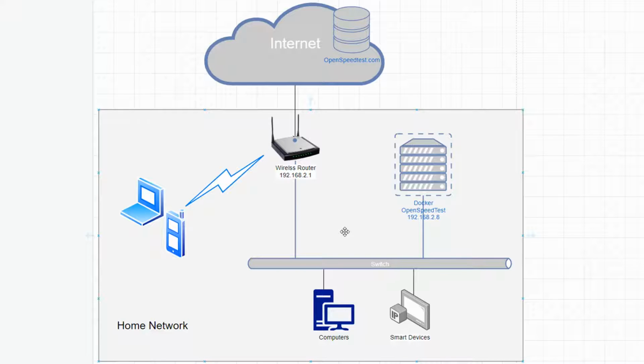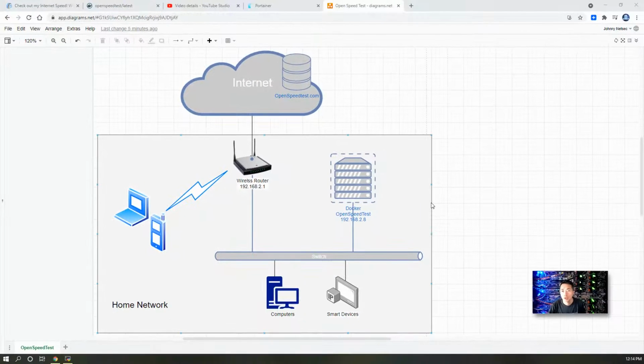Usually when we use speedtest.com or fast.com to do a speed test, we are going to the internet and finding out the speed. But if there's some problem on your home network, how can you work to figure this out?